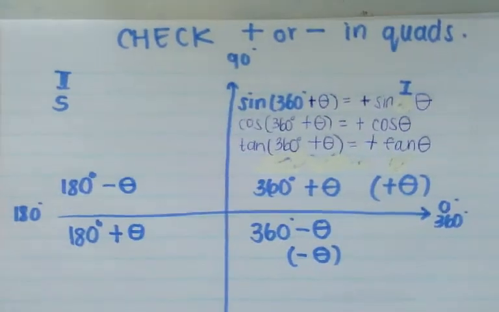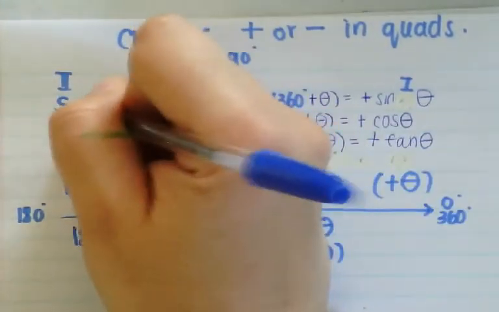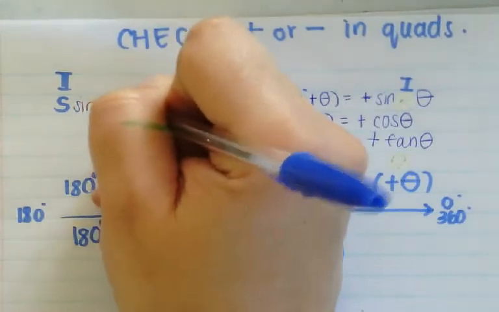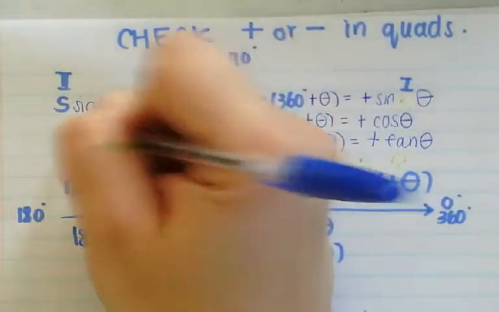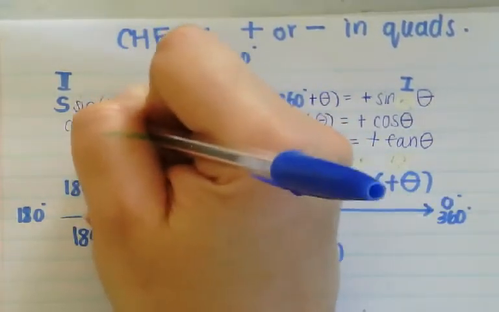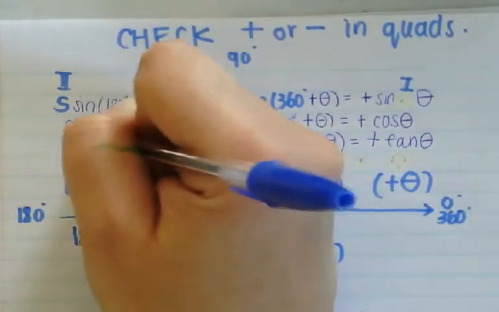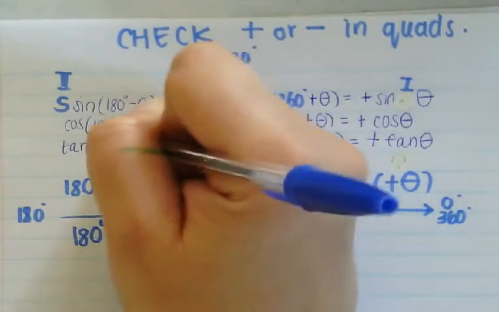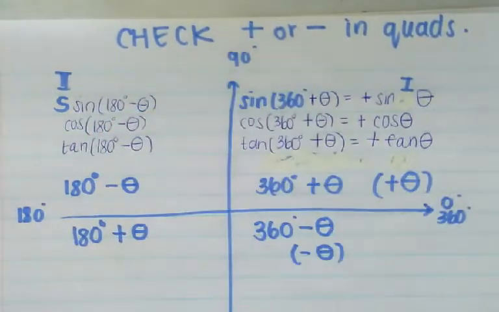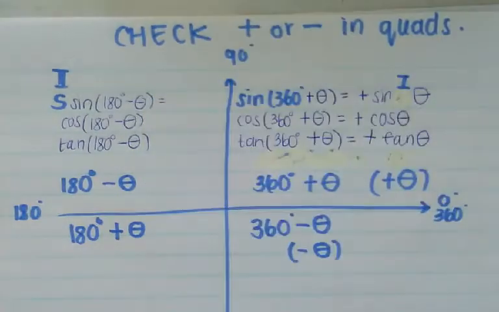My second quadrant will start with sine 180 minus theta. We'll also have cos 180 minus theta. And there could potentially be a tan question in this quadrant, which would also be tan 180 minus theta. Now, sine is positive or negative?